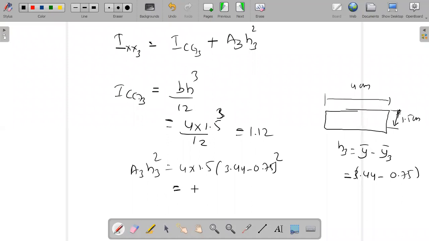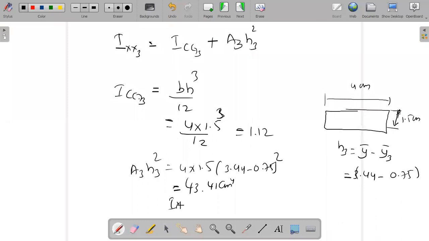What is the value you are going to get? So the value here is 43.41 centimeter to the power of 4.